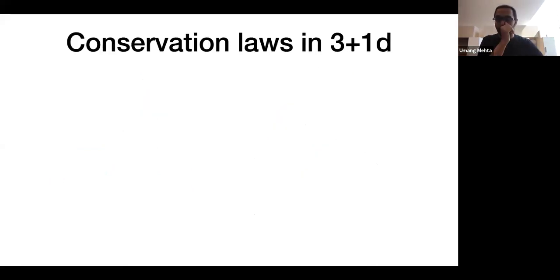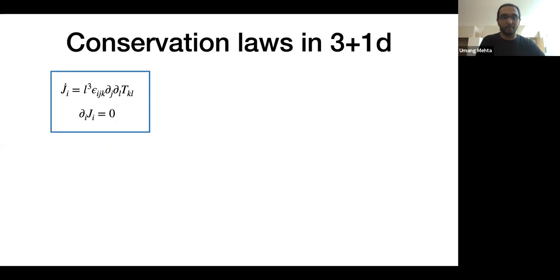So now that we have a 3+1 dimensional version of this theory, we can talk about conservation laws. B0I must couple to a vector charge density. Gij obviously couples to a stress tensor, and the conservation law looks like this vector conservation law where the time derivative of the charge density is given by 2 derivatives acting on the stress tensor.